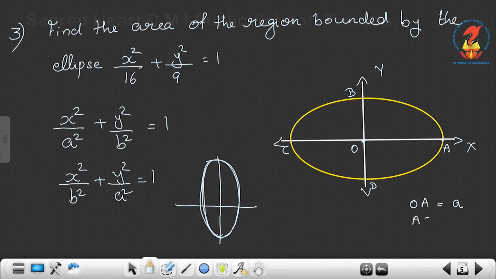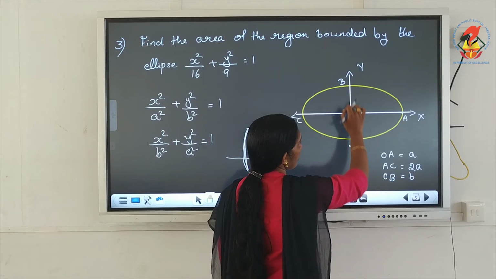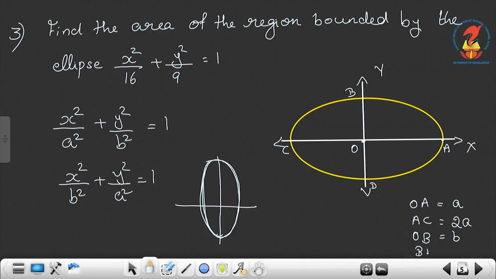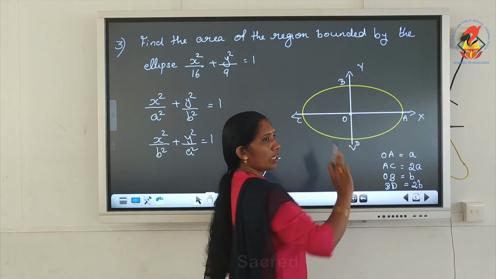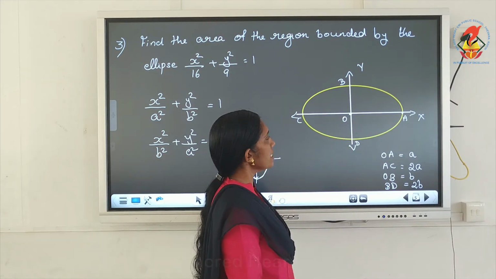And AC is the major axis. Here major axis along x axis, major axis length is 2a. Then OB, that is semi-minor axis, length is equal to b, and which is the minor axis? BD, and its length is equal to 2b. And foci will be here. Okay. Here we don't want that.